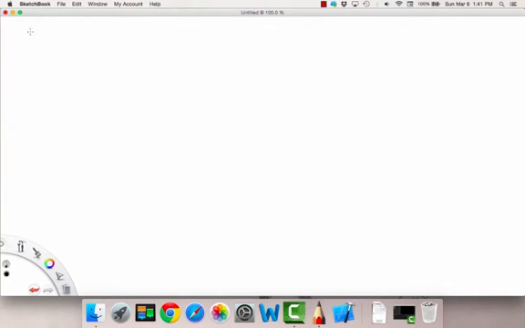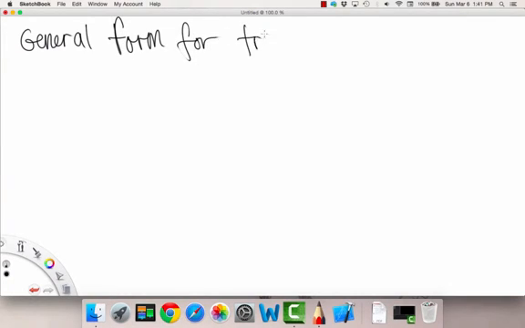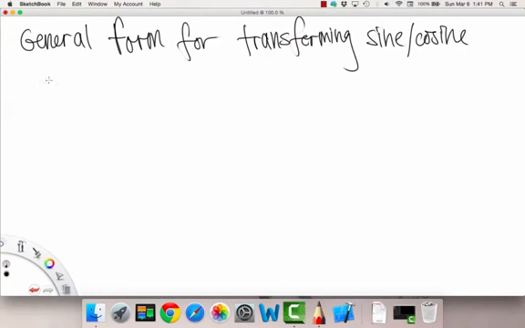So here is the general form for transforming sine and cosine graphs.